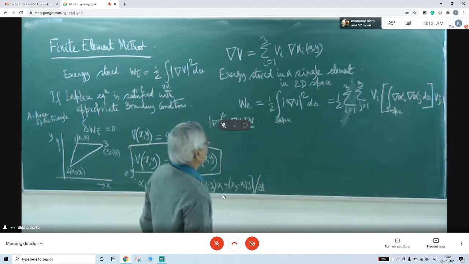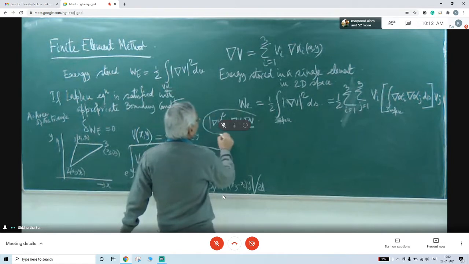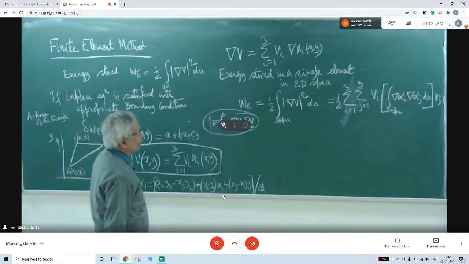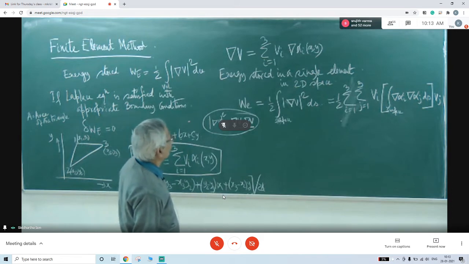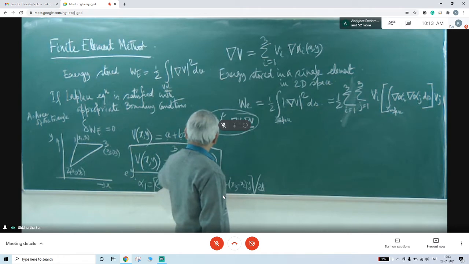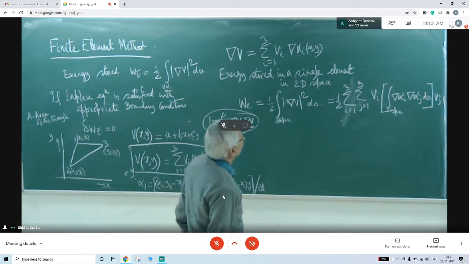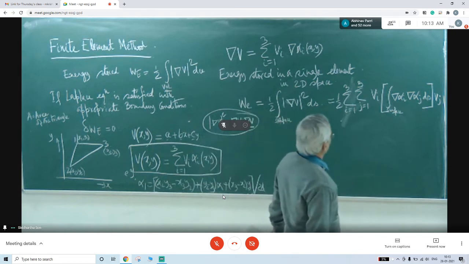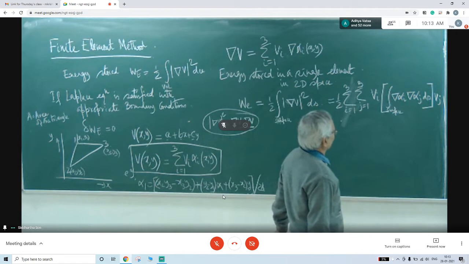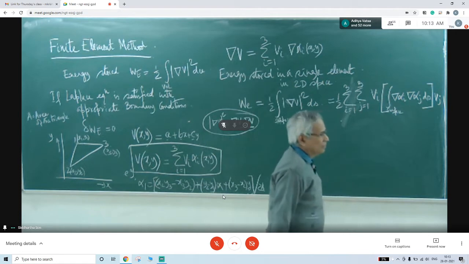Can I write it? Because this is basically the scalar product of two things, and definitely it would be two independent summations. Please check whether you can put it like this. Okay?